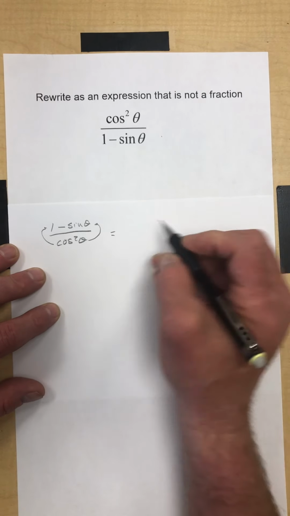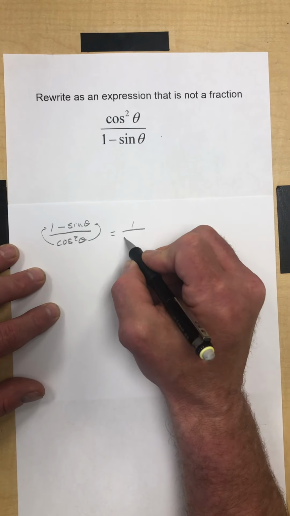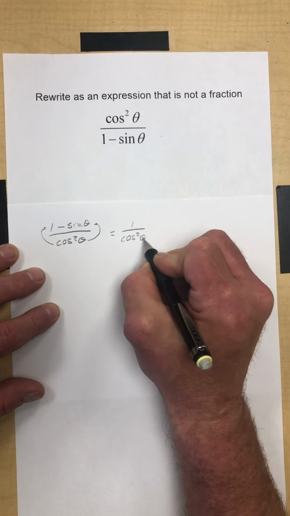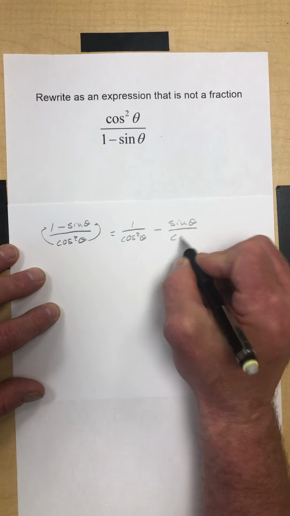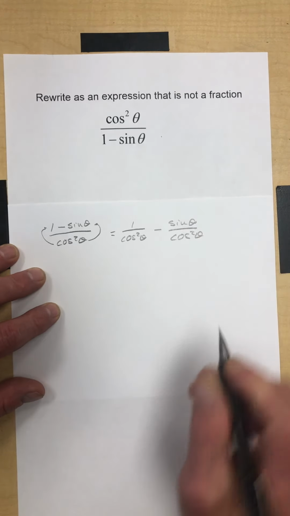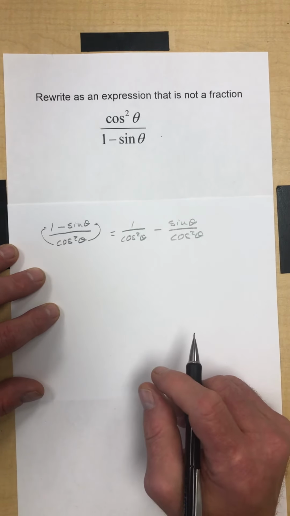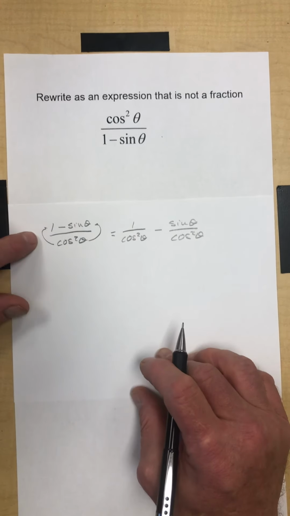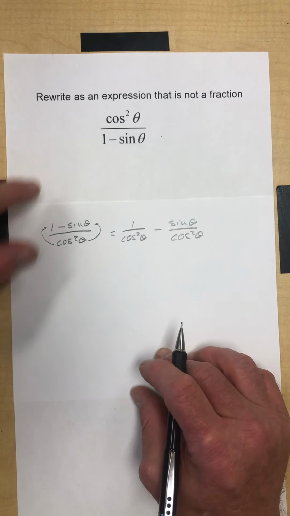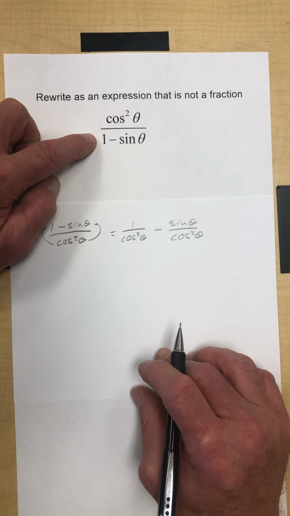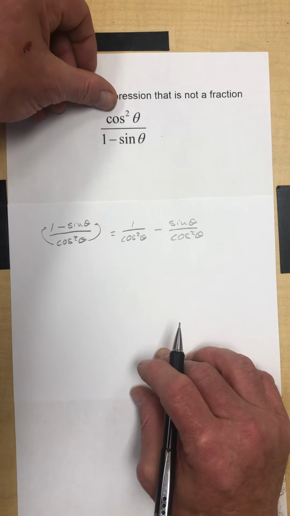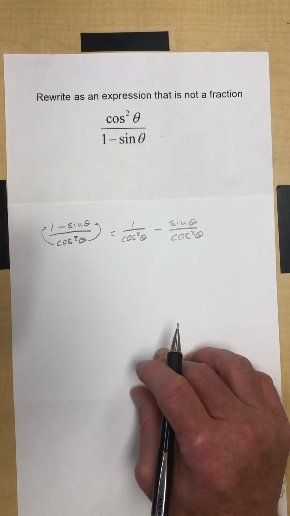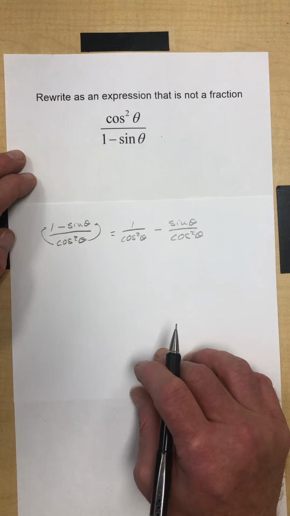I would write that as 1 over cosine squared theta minus sine theta over cosine squared theta. The problem is that it's not like this. We have a binomial down below in the denominator, so there's no way to distribute that division because there's only a monomial up in the numerator. So this is not going to work.